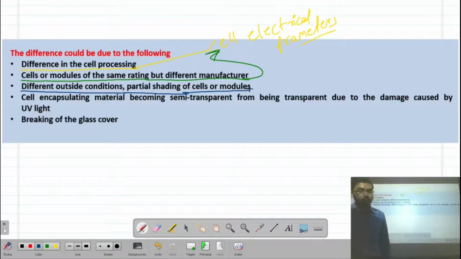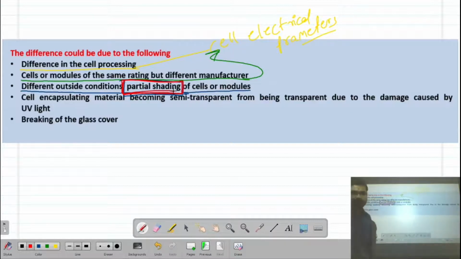Someone will mount on the roof of a house, some consumer may mount on the roof of a manufacturing company, production house, or at different places. Now, at different places, you may have surrounding buildings or trees or something else which will cause shading, right? This is partial shading.